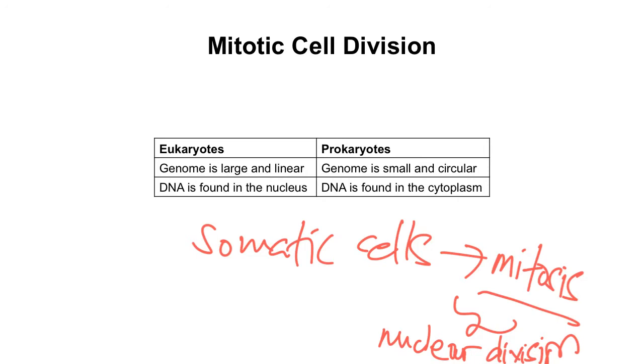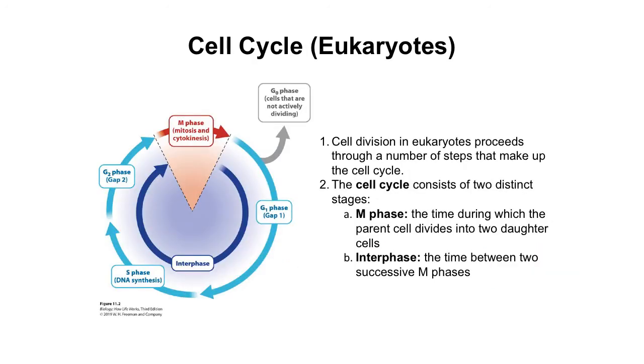And that's why we say that mitotic cell division is more complicated than in prokaryotes, because of these two fundamental differences between eukaryotes and prokaryotes.